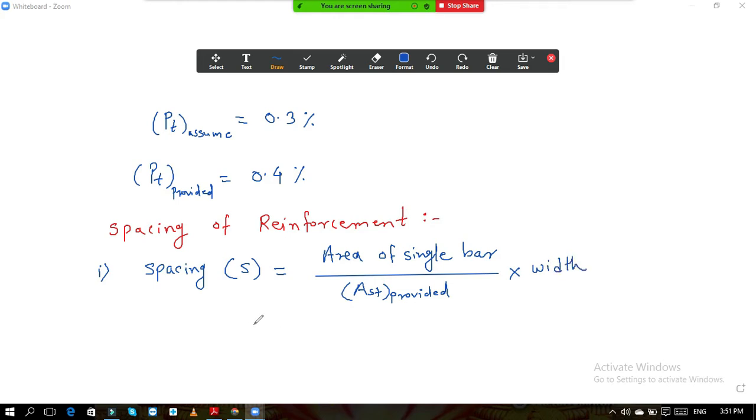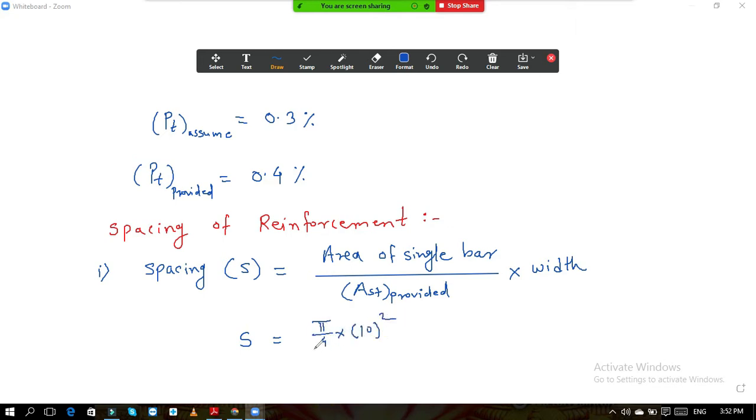So now in our case, spacing S is equal to area of single bar. What was the diameter of our bar? What diameter have we finalized? 10 mm bar diameter. So area of bar is pi by 4 into 10 square.